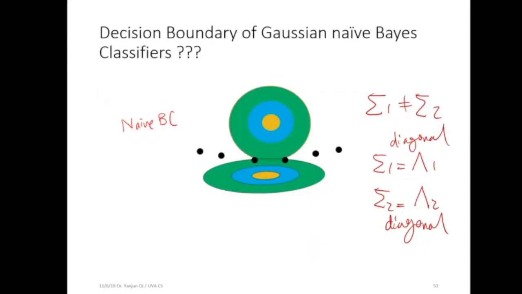All right, my last question is: is the naive Bayes classifier learning a linear decision boundary? We have naive Bayes, then LDA, then QDA. The naive one uses a diagonal matrix. LDA uses a shared covariance matrix. QDA doesn't share, just whatever.